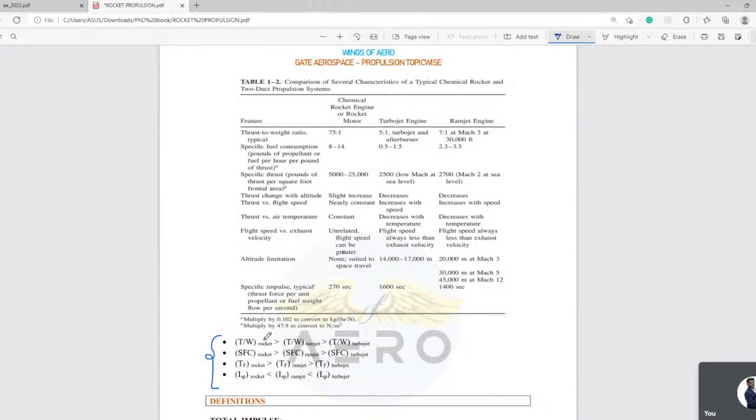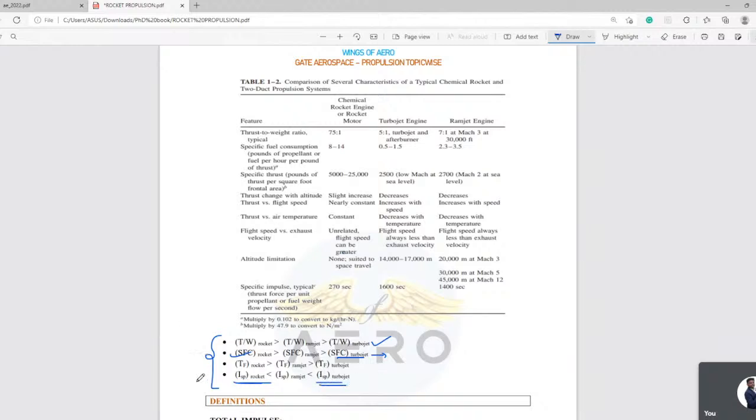What conclusions can we bring from here? The thrust to weight ratio for a rocket is going to be the highest as compared with the turbojet. Talking about the specific fuel consumption, it's going to be the highest for the rocket as compared with the turbojet. As we go from the turbojet to high bypass ratio and low bypass ratio engines, it's going to be less. The specific thrust is also more, but talking about the specific impulse, the specific impulse is more for a turbojet.